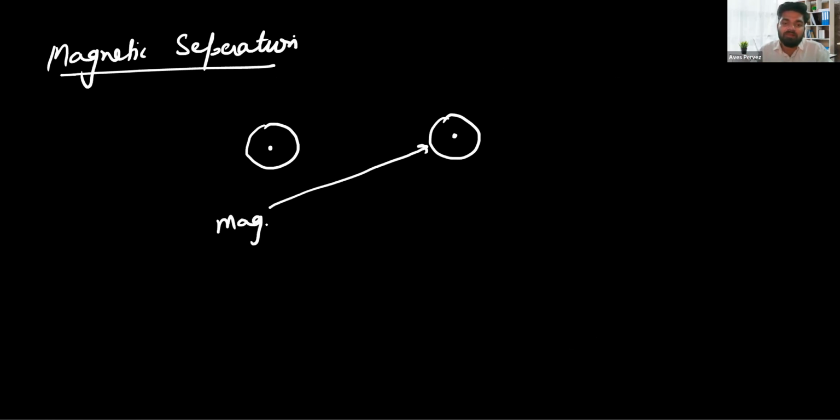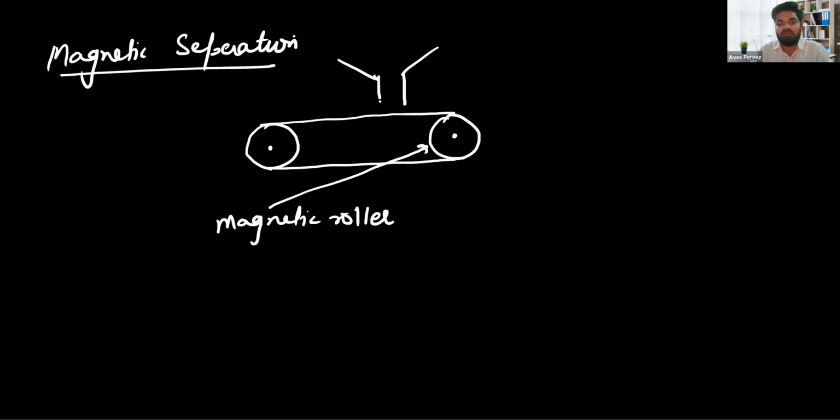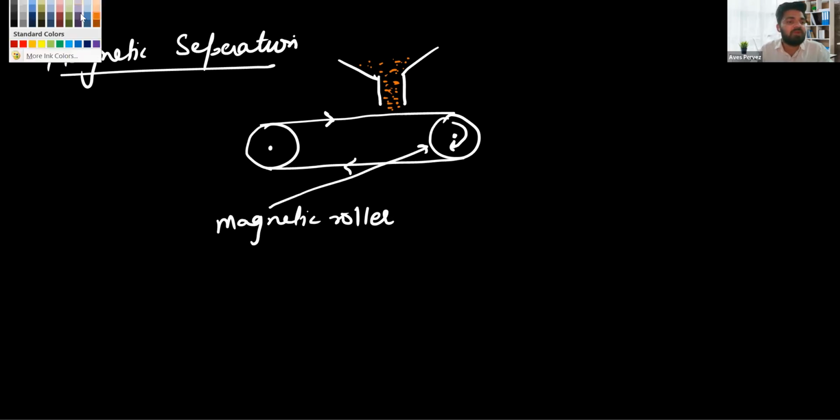Over it is a conveyor belt, and we pour the ore here. Suppose we have one ore which is attracted by the magnet, and another impurity which is not attracted.